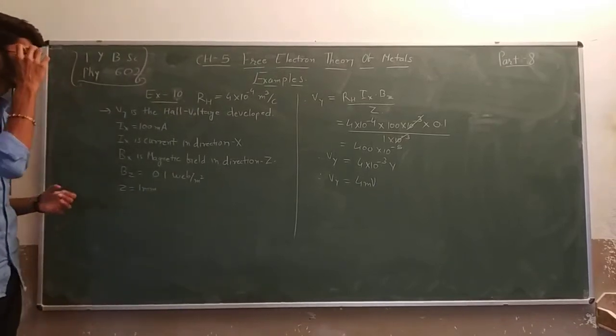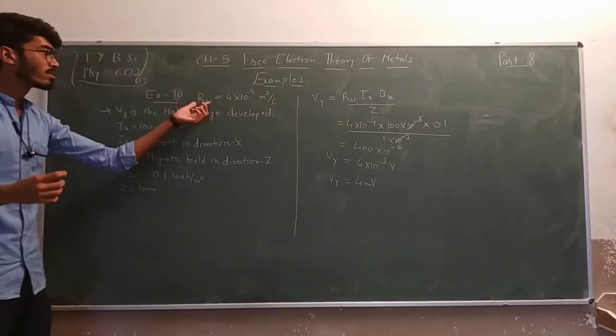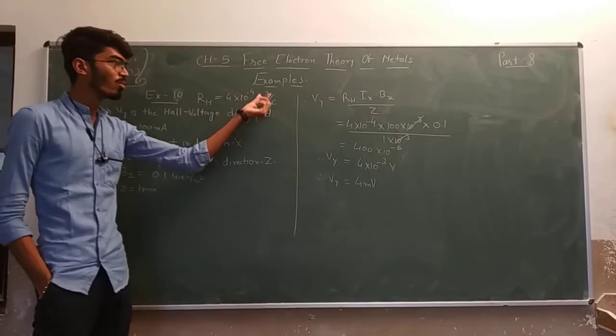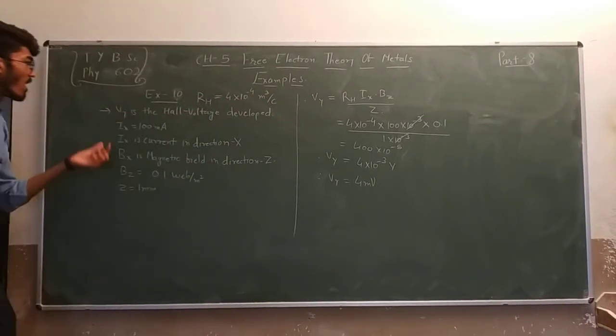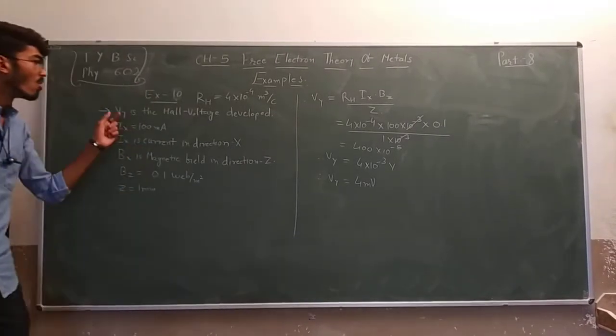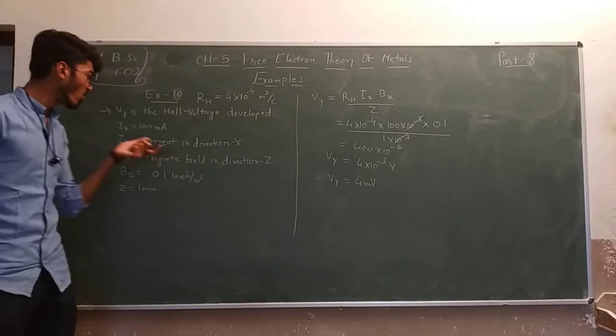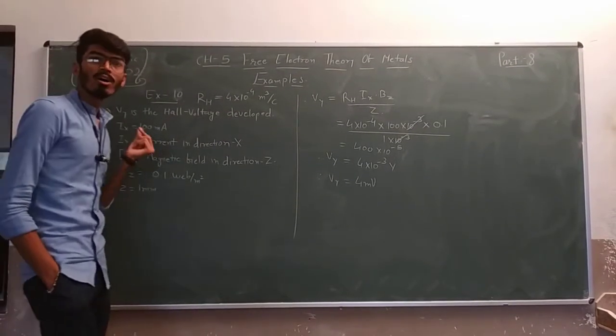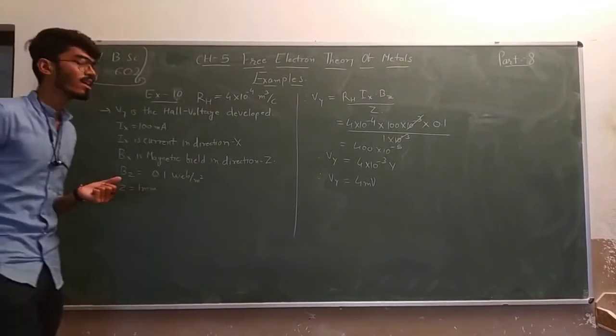So firstly, they give us R_H equal to 4 × 10^-4 meter cube per C. After that V_y, that means the Hall voltage developed, and I_x equal to 100 milliampere.